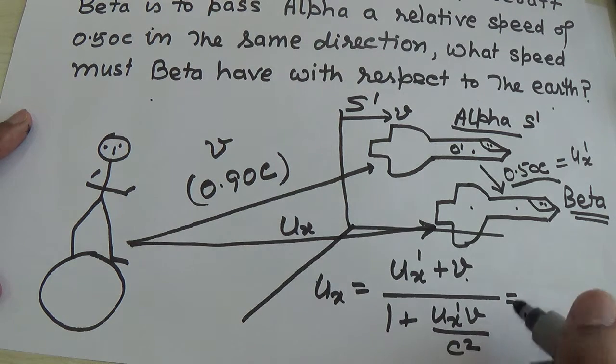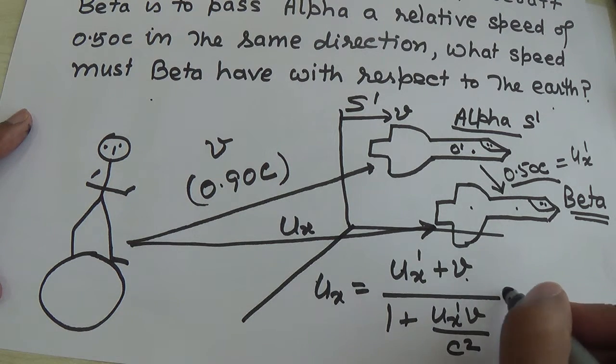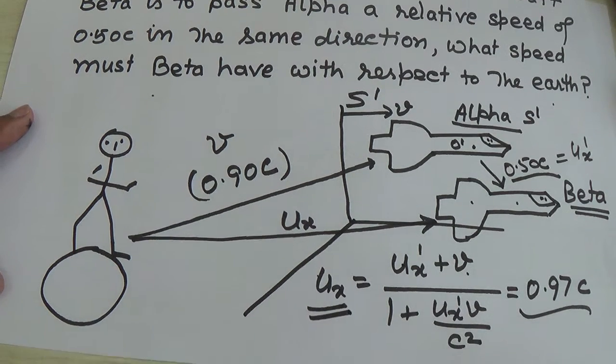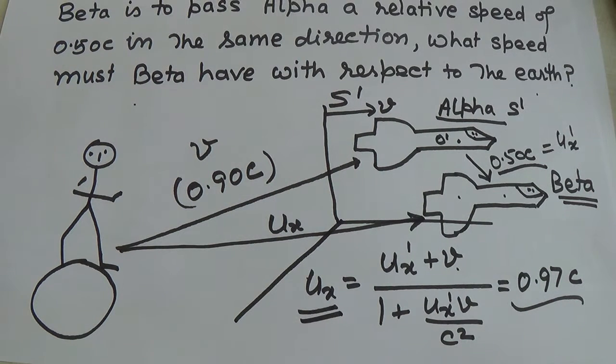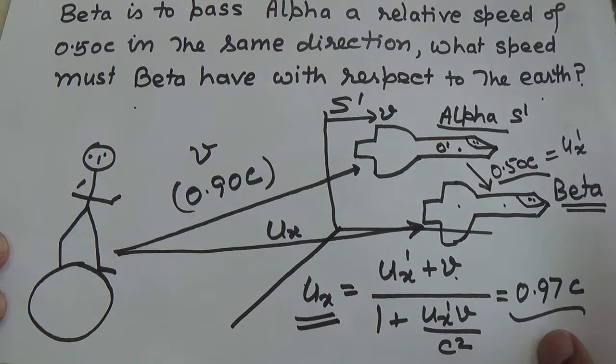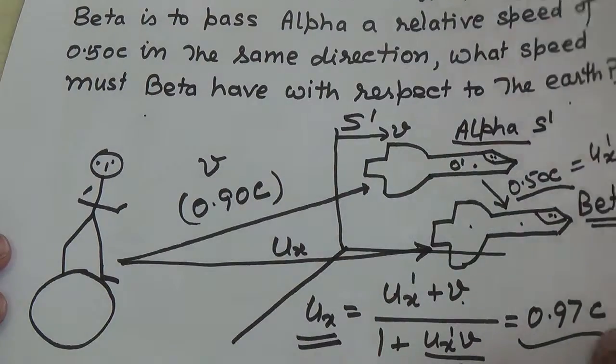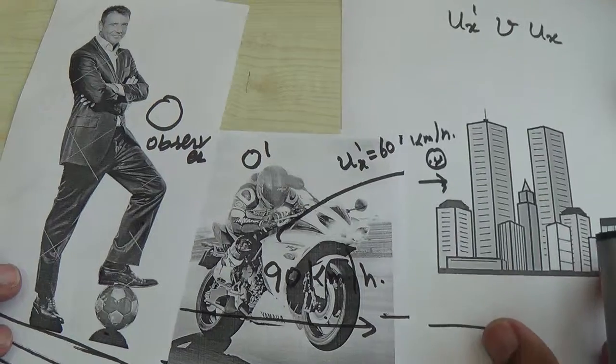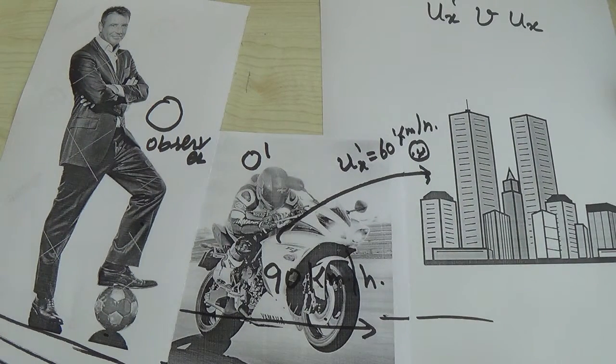Put the values here, and you will get approximately 0.97 c for ux. That is the relative speed of the beta spacecraft with respect to the earth observer. So the point is, if you have the basic concept of the bike, you can generalize it anywhere.